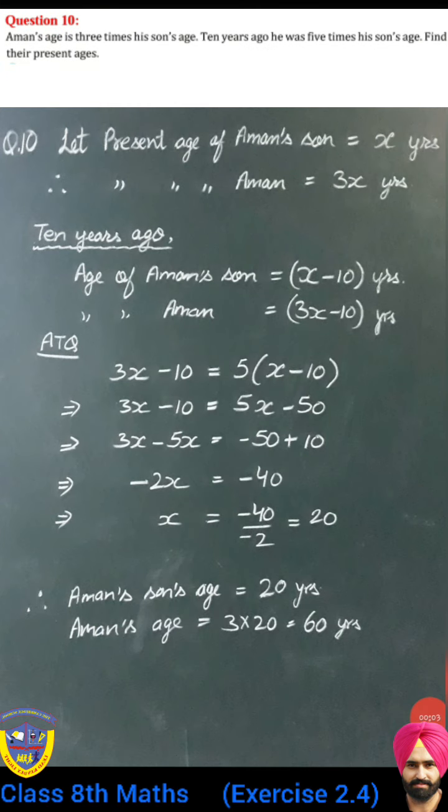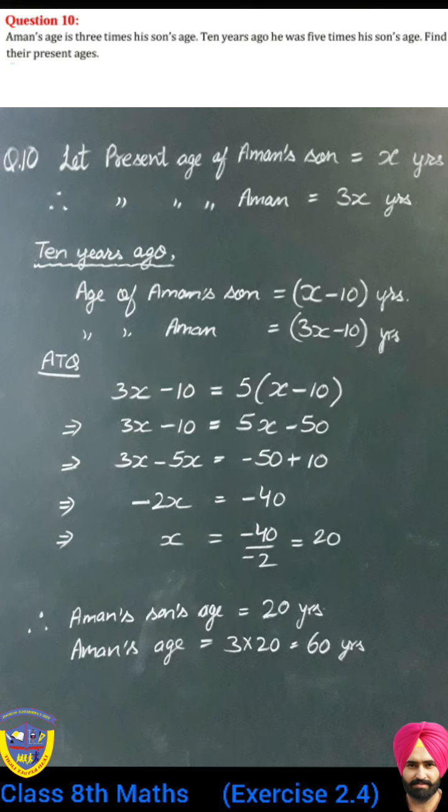Now next, question number 10. Aman's age is 3 times his son's age. So first of all let us take the present age of Aman's son is equal to x years, and the present age of Aman will be 3 times his son's age, means 3x. It is given that 10 years ago he was 5 times his son's age.